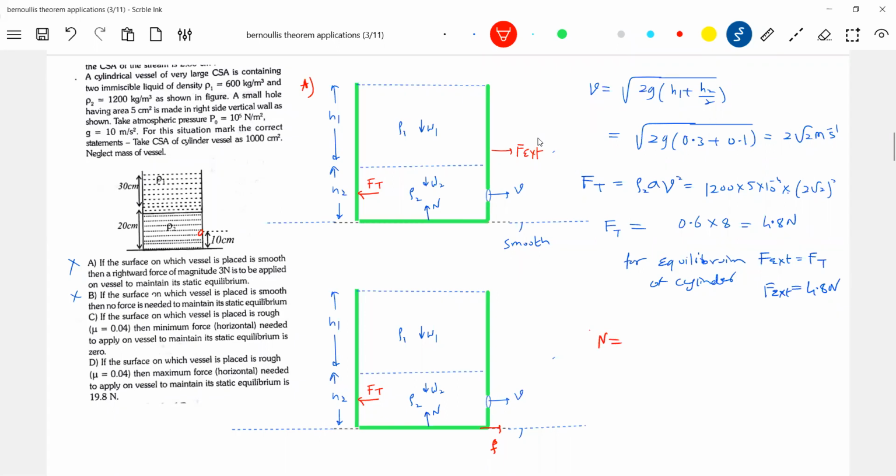Normal reaction should be equal to rho 1 A H1 g plus rho 2 A H2 g. Density of the liquids rho 1 600, area of cross section 100 centimeter square, 100 into 10 to power of -4, H1 0.3 into 10, plus rho 2 1200.